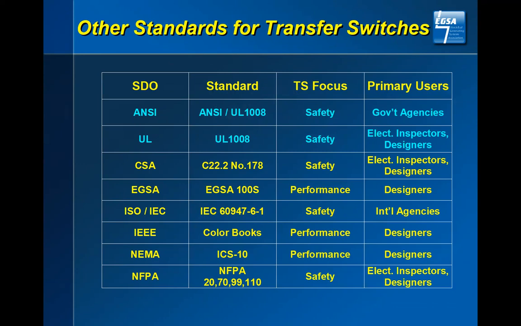EGSA is the Electrical Generating System Association. ISO and ISE are those standards. IEEE, NEMA, and there are your NFPAs. Number 20 is for fire pumps. 70 is for your National Electric Code. 99 and 110, one of those is for healthcare, and the other one is for emergency systems. Just be aware of them.